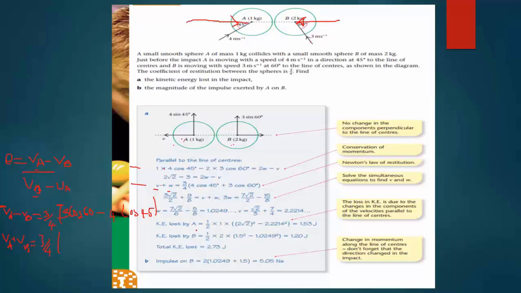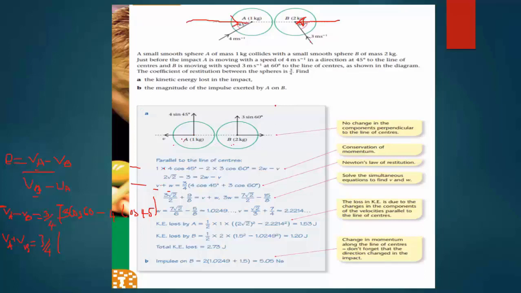Then the kinetic energy lost by A. Okay, because vertically there is no change in velocity, so kinetic energy tukitumia vertical components hatutapata precise answer. Either tutumie horizontal component kutafutia kinetic energy au tutumie resultant velocities.